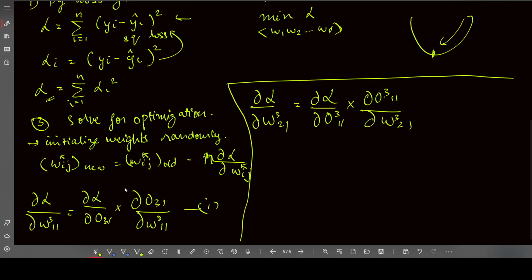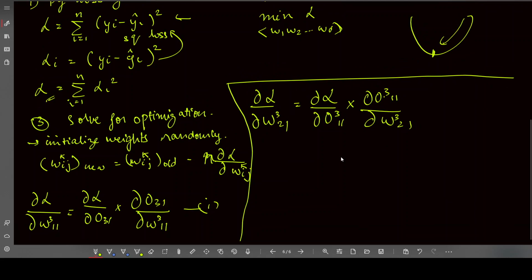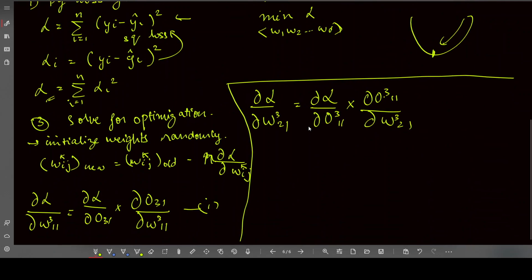Correct? It's the same because we have the same output over here, right? Similarly, if I want to go from dou W311 to dou W211, if I want to go two steps, correct? How do I write it? I write it as dou L upon dou W211. Okay.